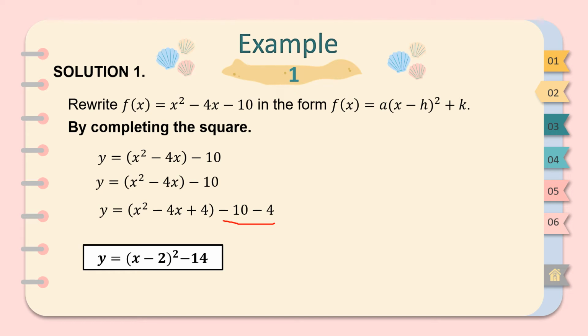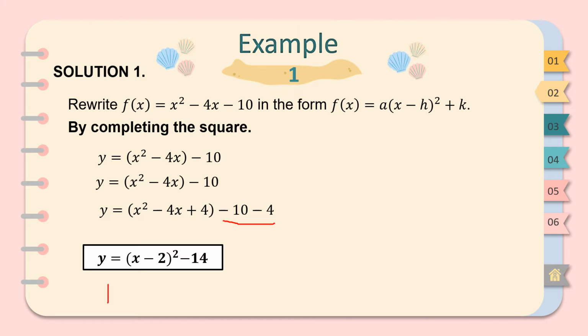So therefore, the vertex form of this given equation, f of x is equal to x squared minus 4x minus 10, is y is equal to quantity x minus 2 squared minus 14. So let's identify our k and our h.